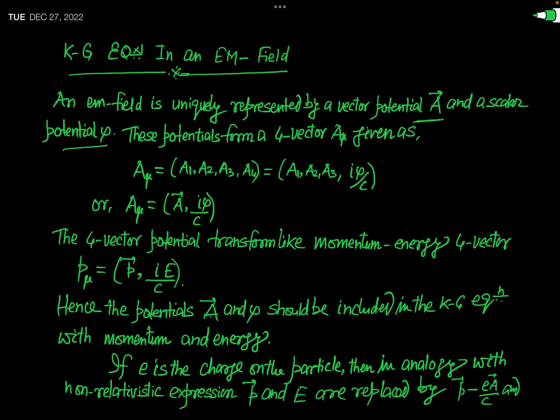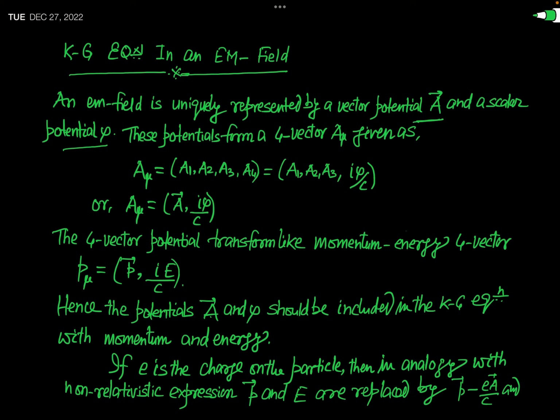But when you study relativistic electrodynamics, you can see that these electrodynamic potentials form a 4 vector, and there is also my video on this subject in the playlist of relativistic electrodynamics, where you will get a detailed discussion on the 4 vector potential.